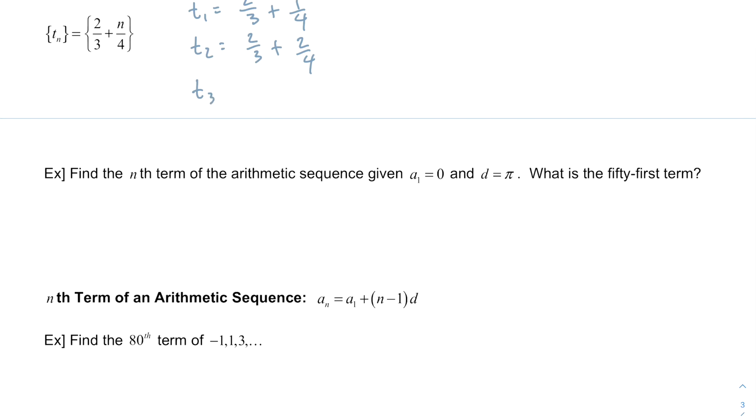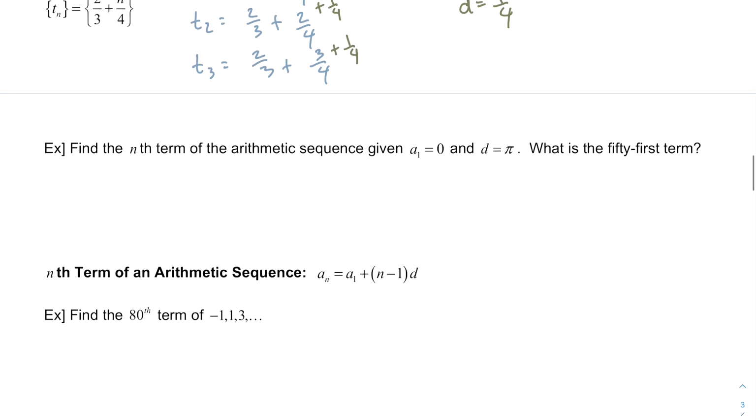T sub 3 is 2/3 plus 3/4. So hopefully you're noticing here that they all have 2/3, but we're adding higher and higher fractions, 1/4, 2/4, 3/4. So what I'm noticing is that I'm adding 1/4 each time. So if I subtracted consecutive terms, I would get 1/4. So the common difference would be 1/4.